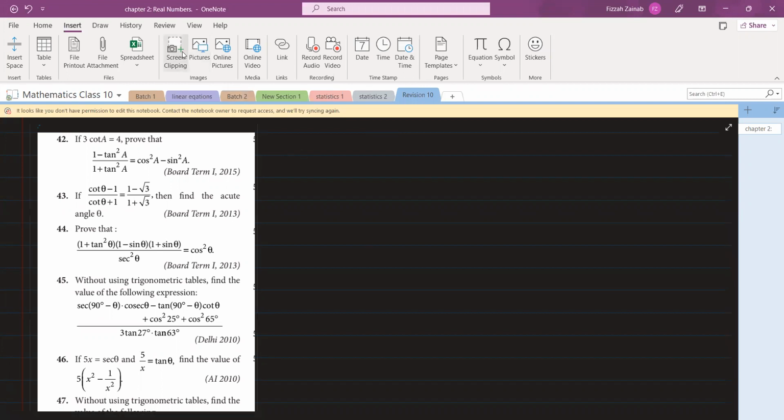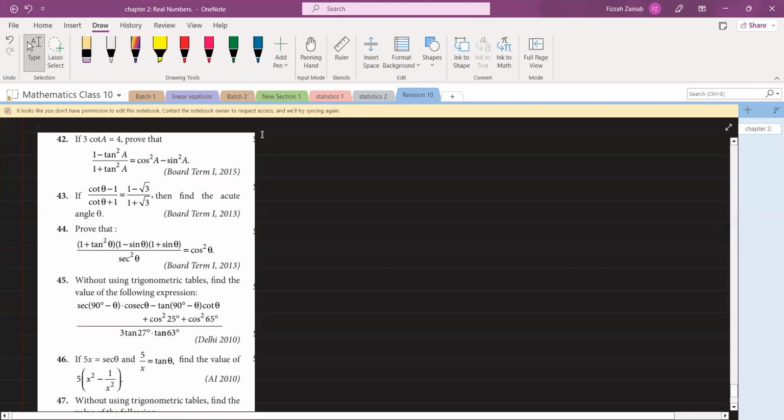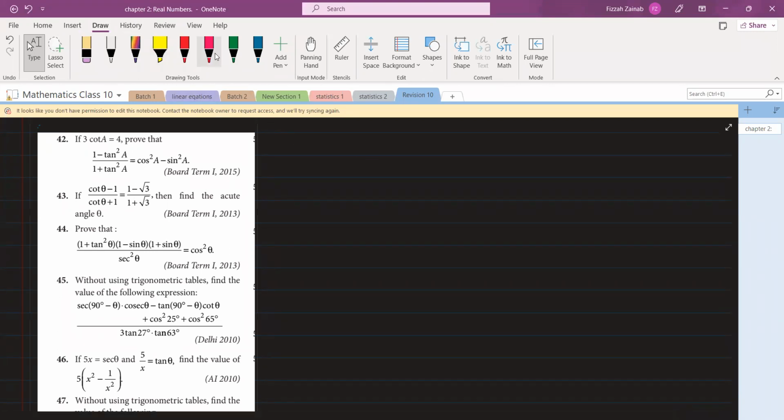What is the value of LHS? 175 by 256. So try to make it simple.